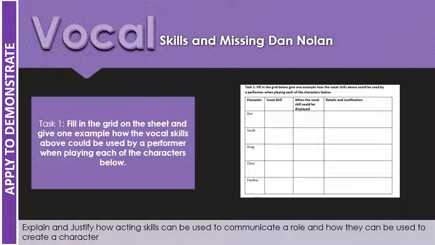For each of those characters, you are going to find a vocal skill. So for example, tone of voice, volume, accent, mannerism. And you are going to then fill in about when and where the vocal skill could be displayed, and details and justifications. You can see I've left you one example, so please do that now.